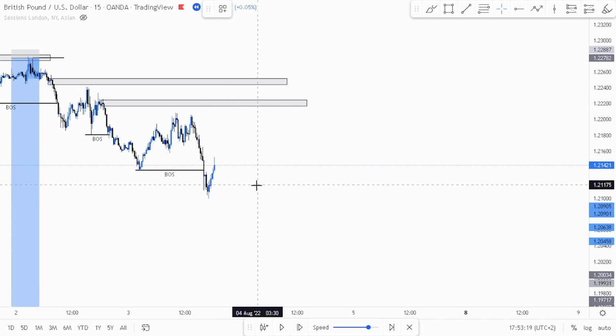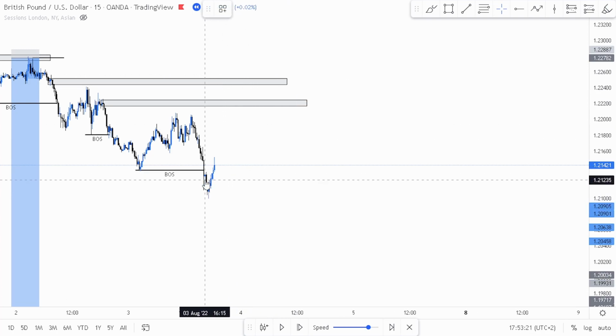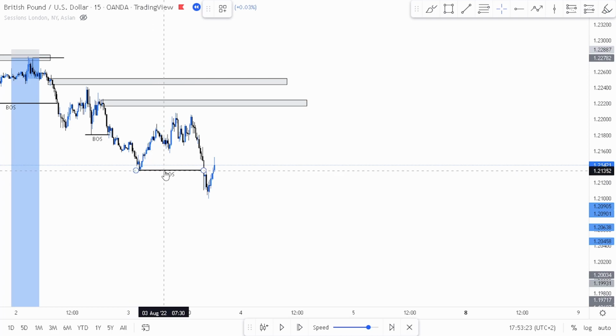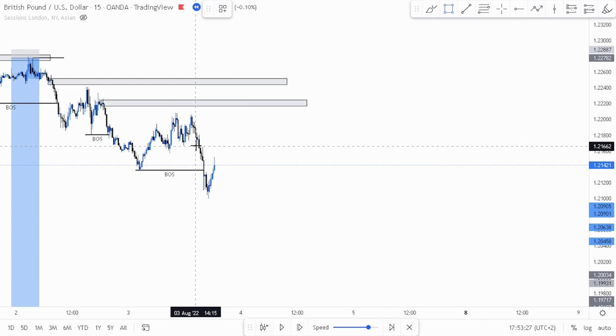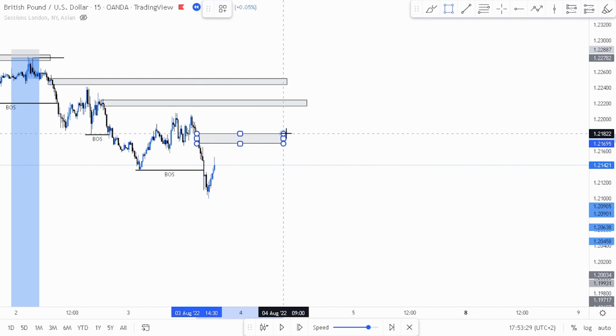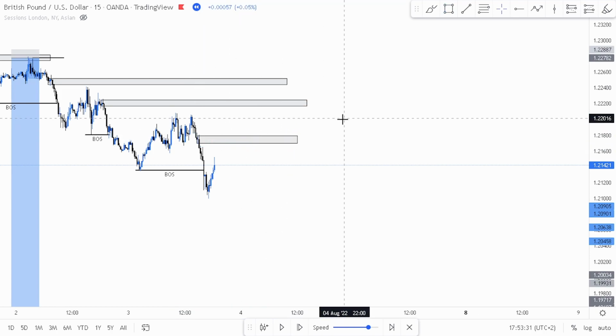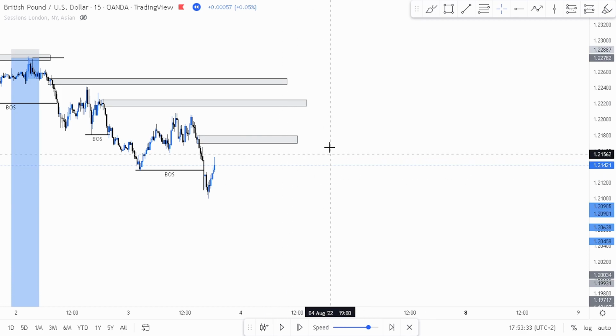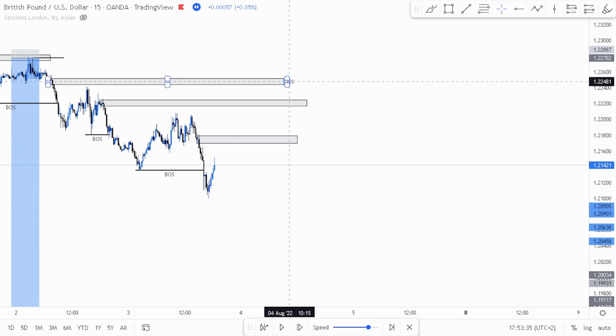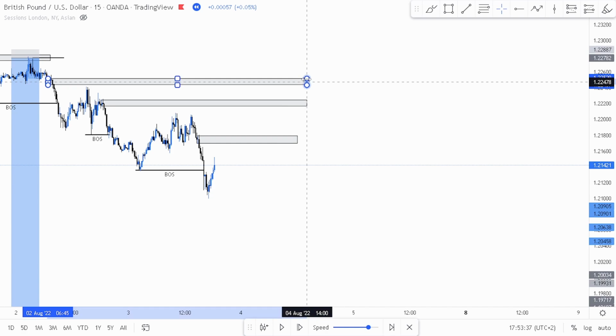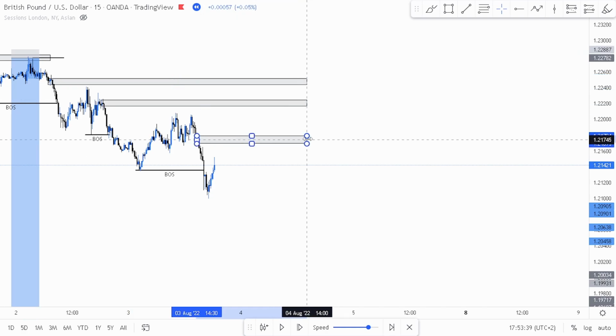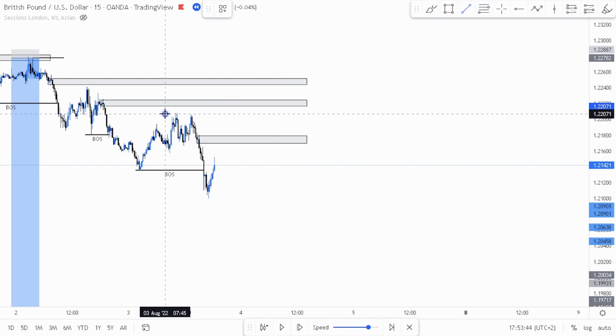Now as we have our break of structure to the downside, right over here we do have a level of supply which gave us the break of structure to the downside. Now guys, why would I not look at this level? It is simply because price right over here has generated liquidity.